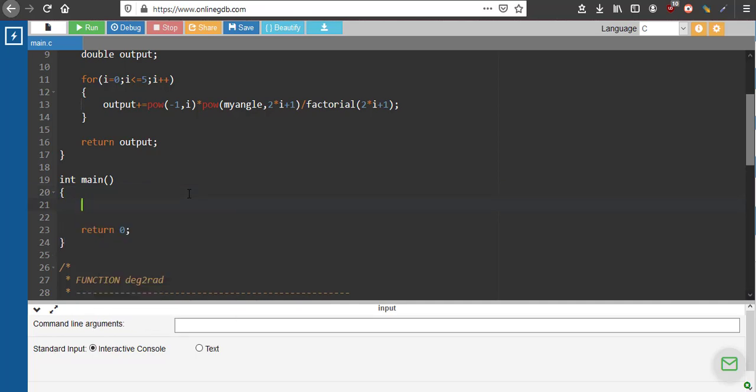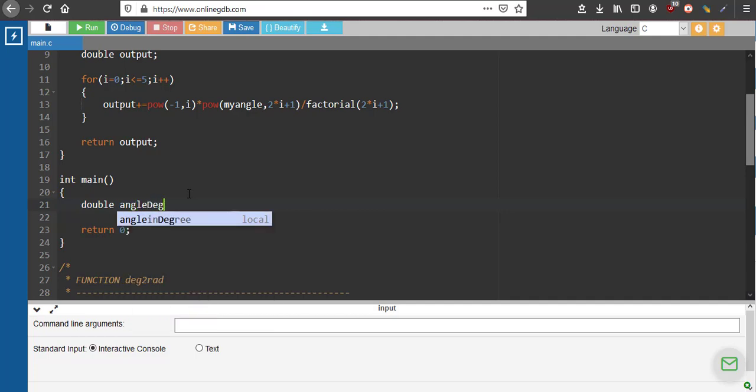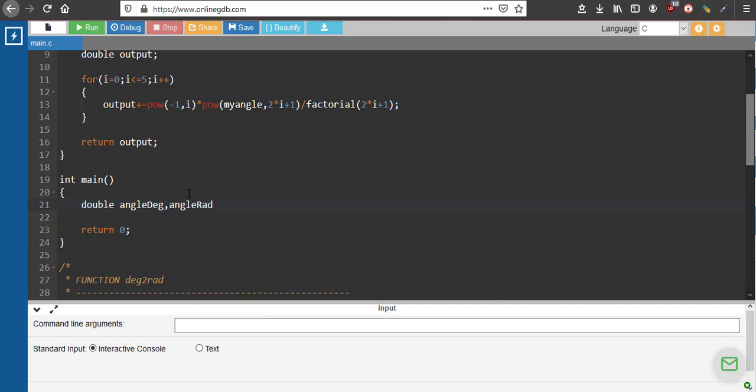So let's say double angle in degree, comma, angle in radian, then what? I think this is enough, comma, value.